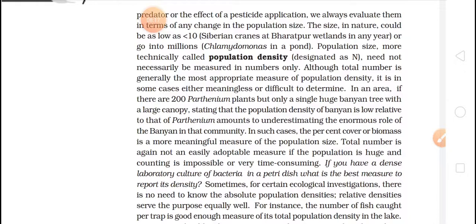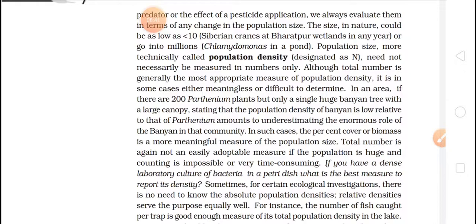If there are 200 Parthenium plants but only a single huge banyan tree with a large canopy, stating that the population density of banyan is low relative to that of Parthenium would amount to underestimating the enormous role of banyan in that community.